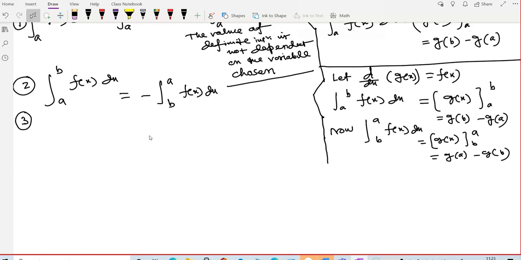Then number 3. Integral 0 to a of f(x) dx will be integral 0 to a of f(a minus x) dx. Okay.